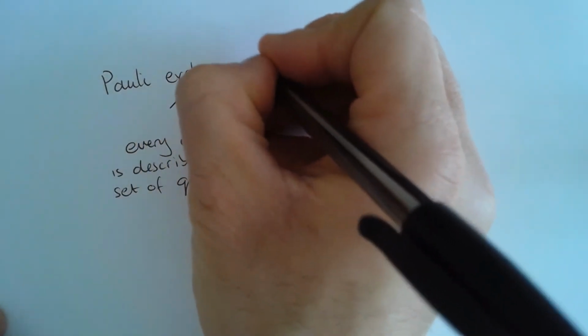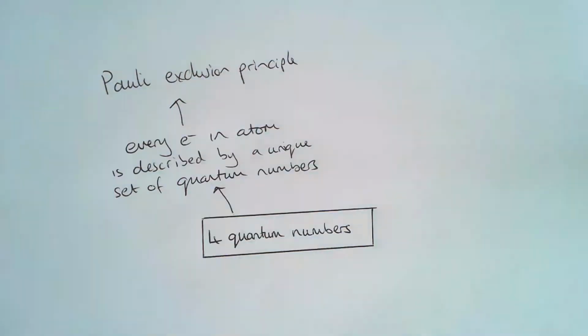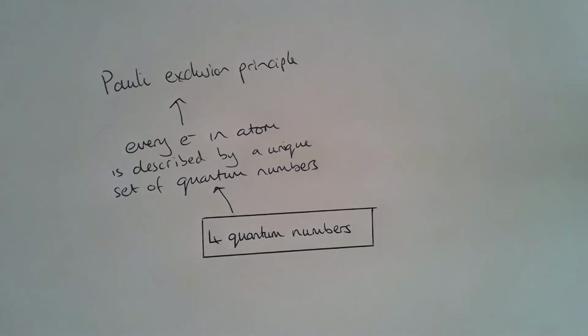The Pauli exclusion principle, which largely explains why electrons go into orbitals spin opposed, so with opposite spins, states that it's impossible for an electron to have an identical set of 4 quantum numbers. So the first 3 can be the same, but when we get to the very last one, they've got to be different.